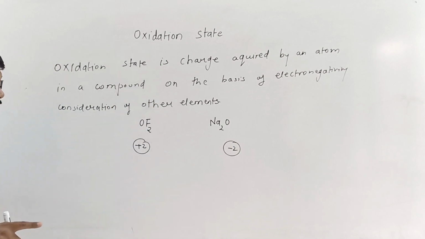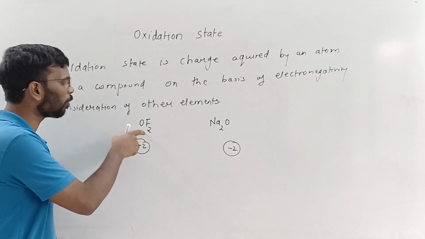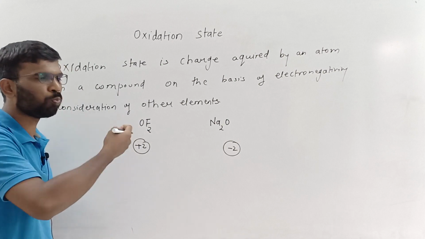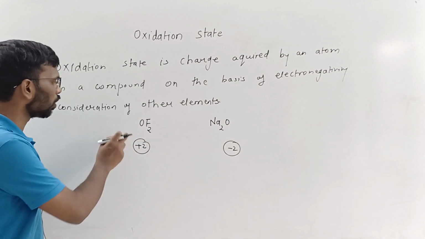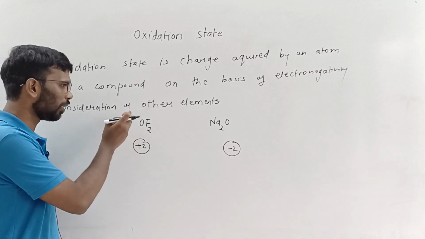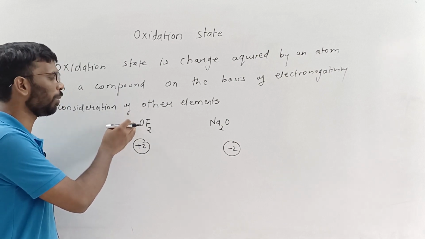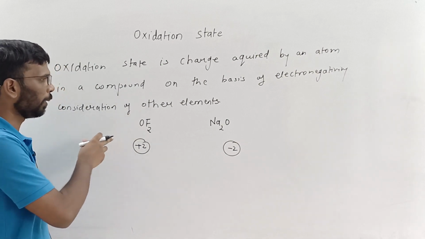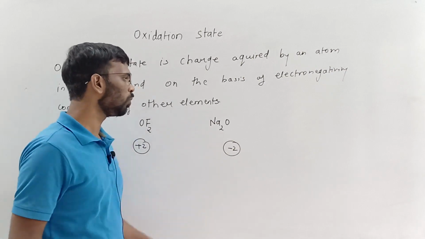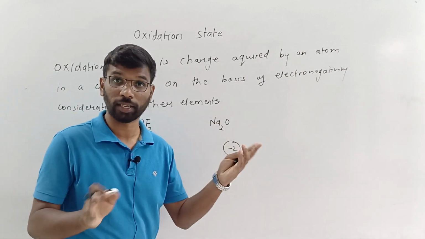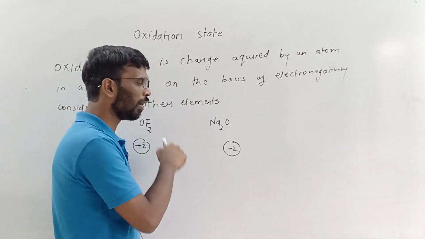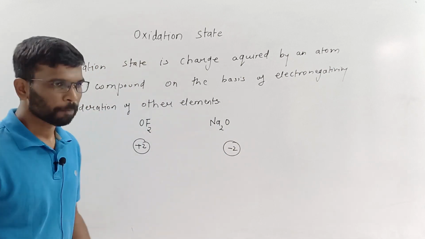The reason is that fluorine is more electronegative than oxygen, so it pulls the electron density towards itself. The oxygen becomes electron deficient. Here sodium is electropositive, and oxygen is more electronegative, so that's why it will have a -2. So that is the thing.